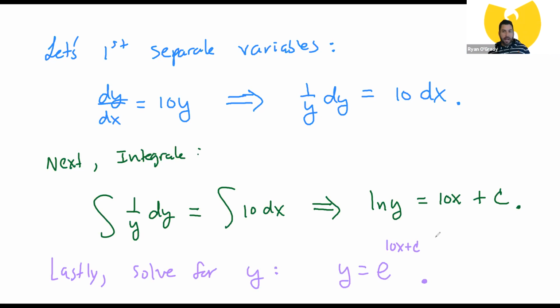And this is true for any value c. And if c is 0, that's the solution we guessed. So we got the same solution two different ways. One way by guessing and checking. Another way by using some creative reasoning.